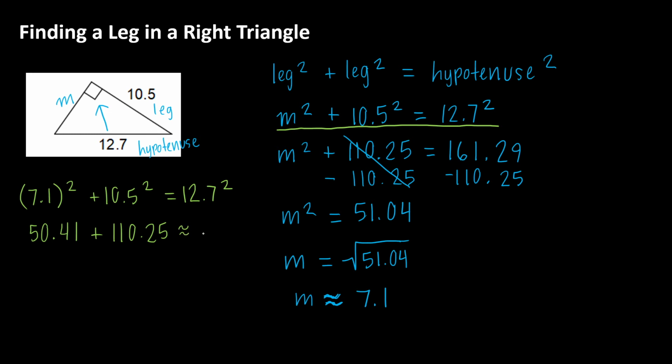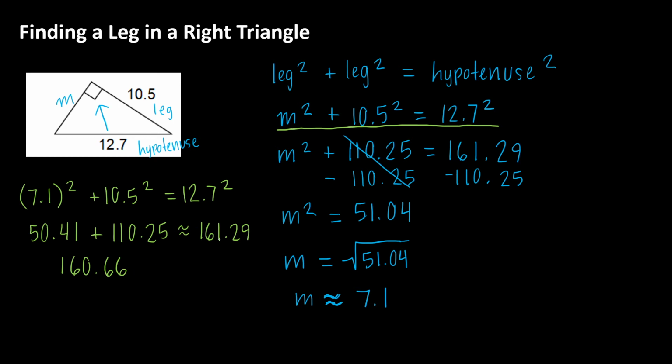It's okay if it's within a few tenths. And then 12.7 squared was 161.29. So let's add on the left side of the equation: 50.41 plus 110.25, and we get 160.66 on the left side.